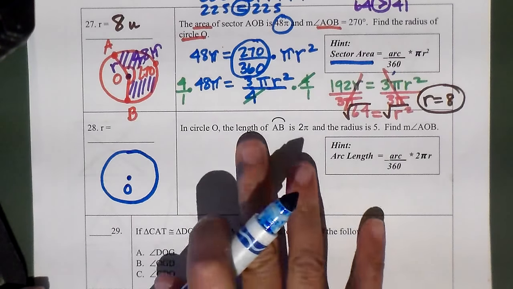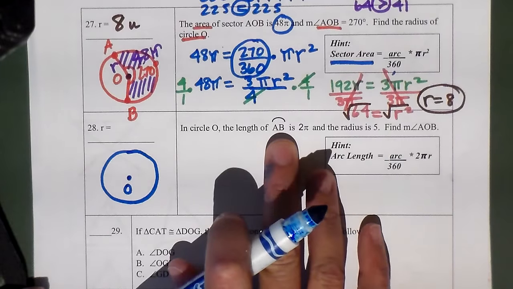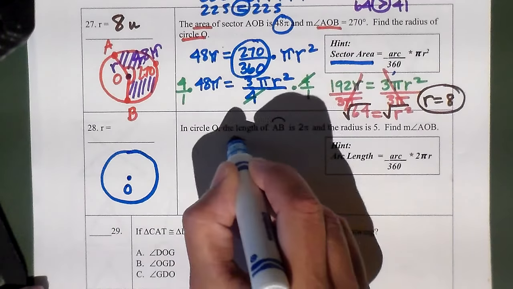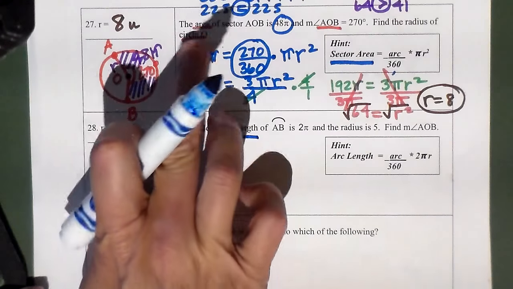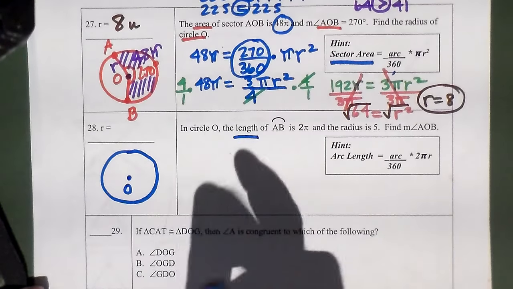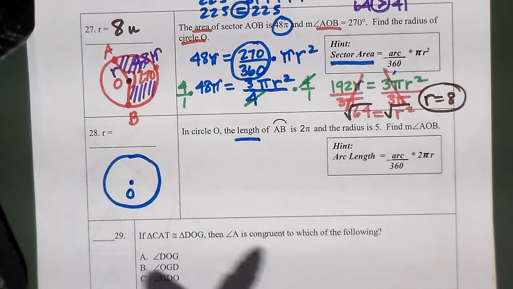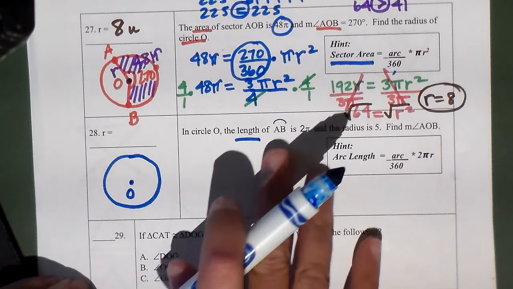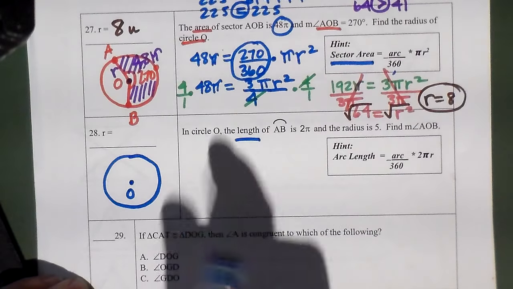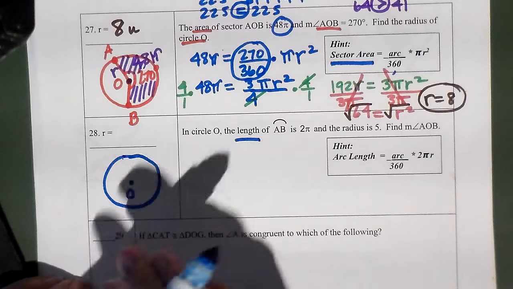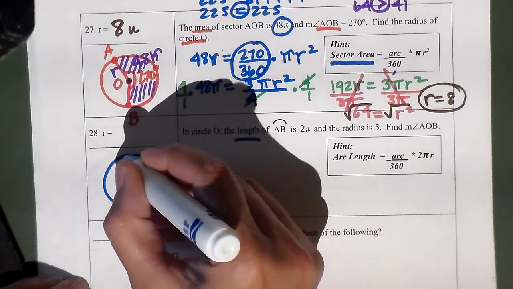The length of arc AB, notice this is arc and this is sector, we're not saying area like we did up here, we're saying length. So the length is going to deal with the circumference. The length of AB is 2 pi, and the radius is 5. So find the measure of angle AOB.